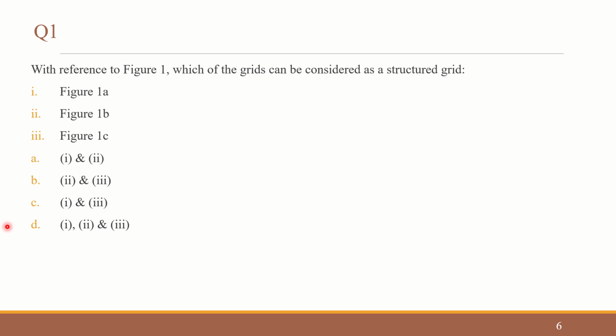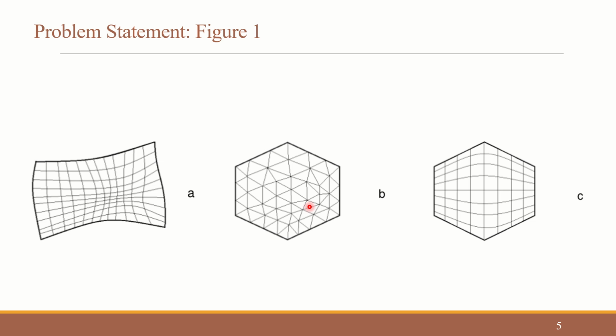Okay, alright, we'll see the answer. The answer is option C, that is 1 and 3. So if we go and look back at the figure, A, B and C, this is 1, this is 2, this is 3.